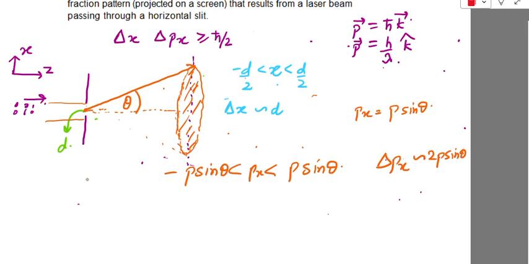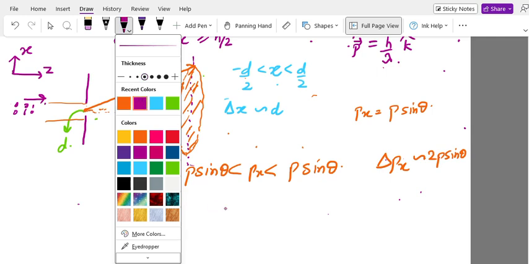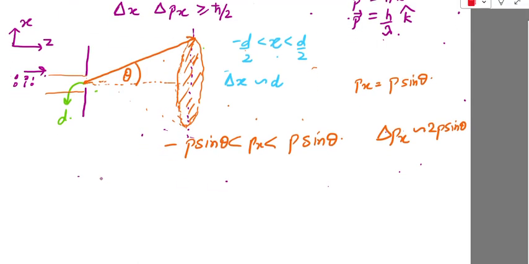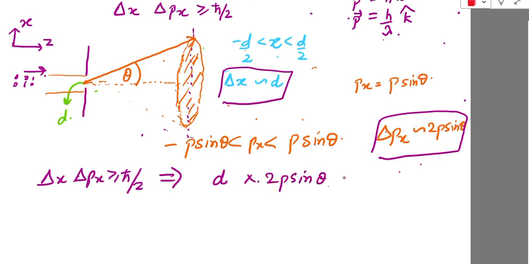So let's put it back into our Heisenberg uncertainty equation. Delta x is d, and delta px is 2p sine theta, and delta x times delta px should be greater than h cut by 2. So d times 2p sine theta should be greater than h cut by 2.